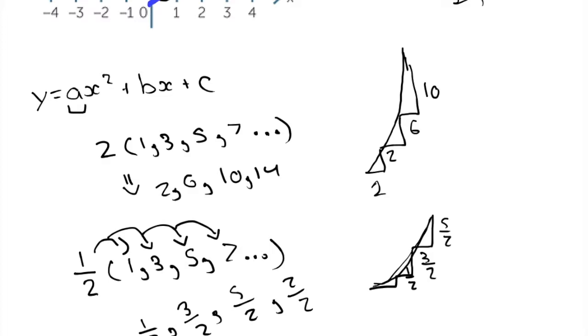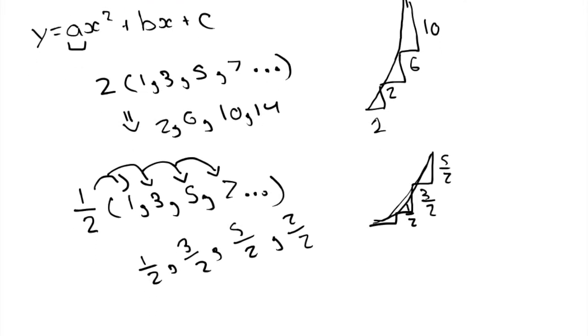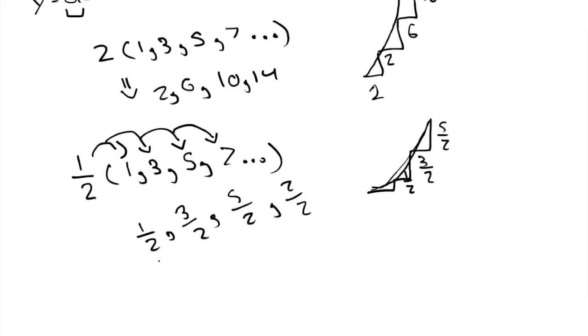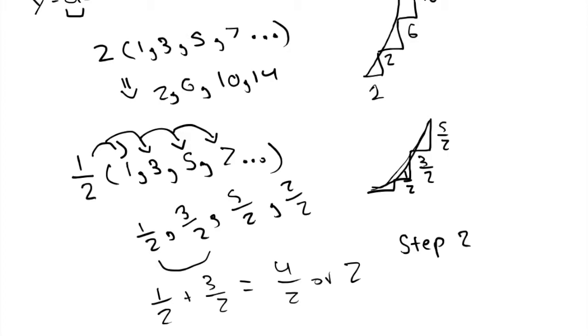So how can we make it easy if we don't usually want to use a fraction when we're graphing? What you can do is combine 2 of the shift steps. You can say, I want to add both of these fractions, say 1 over 2 plus 3 over 2, right? Which gives us 4 over 2 or 2, right? Since we combine 2 of them, now we would have to step 2, but we could also shift 2, if we don't want to work with a lot of fractions when we're graphing.